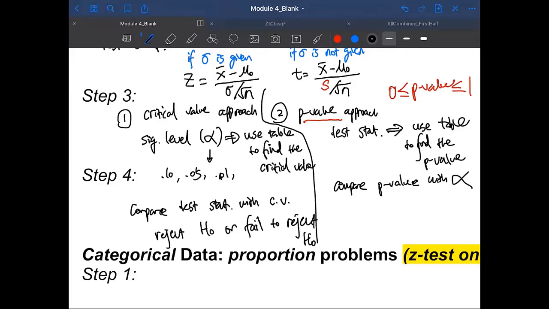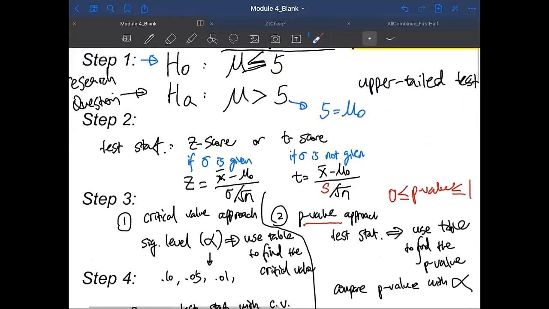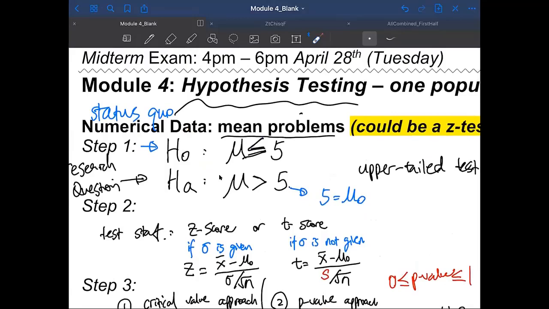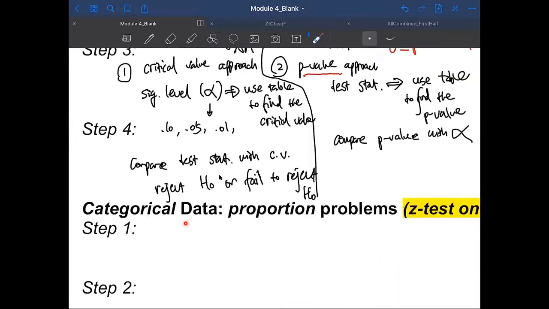Whenever you have a p-value, regardless of what kind of test you're working on, regardless of whether you are dealing with numerical data, which is what we are doing here, you could also be working on categorical data later on.